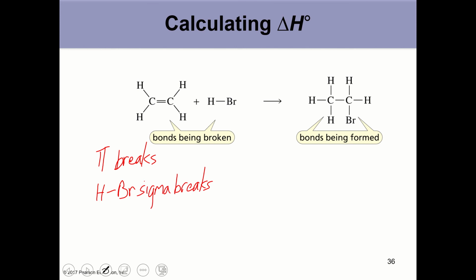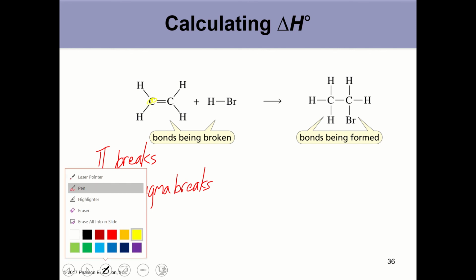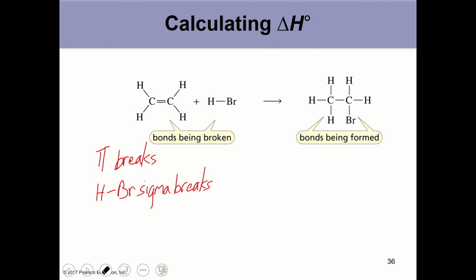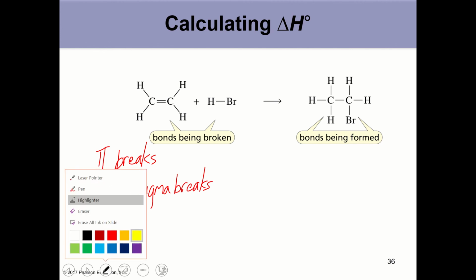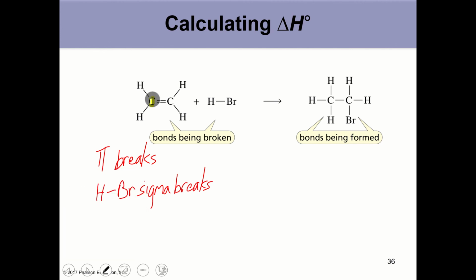In the reactants, the yellow carbon has only 2 bonds. In the products, the yellow carbon has 3 bonds.